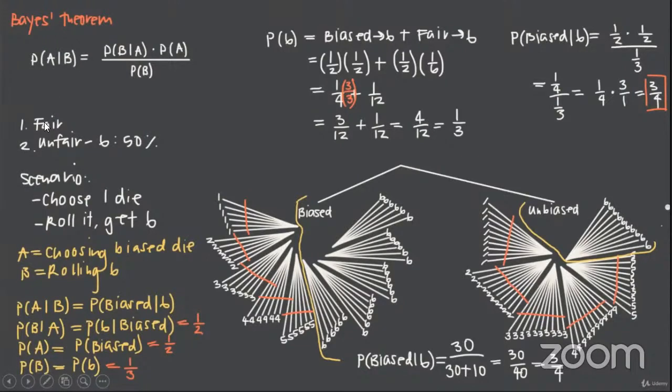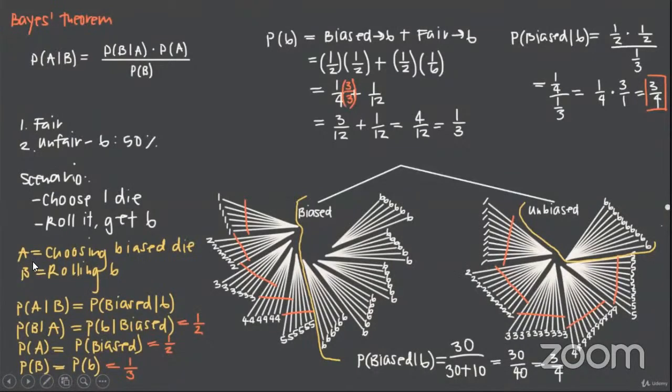So I have a fair or an unbiased dice, and an unfair one, which gives number 6 50% of the time. Now the scenario is I have to choose one die between the two, and on rolling I have to get number 6, which means A is equal to choosing a biased die, B is equal to rolling and getting 6.